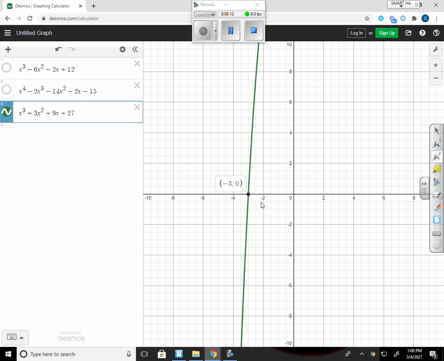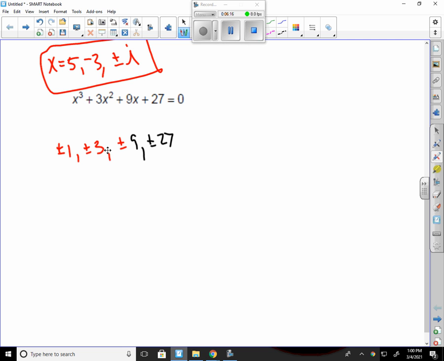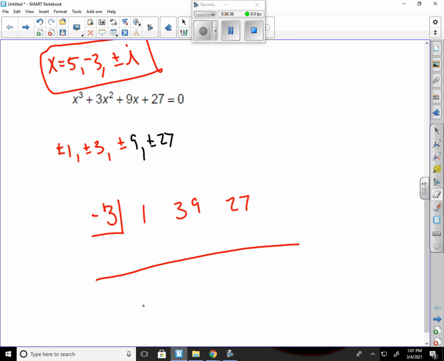That's negative 3. Plug a negative 3 in to my synthetic division. 1, 3, 9, 27. Maybe space this 9 and 3 out a little bit so I don't think it's 39, but I'll be okay.